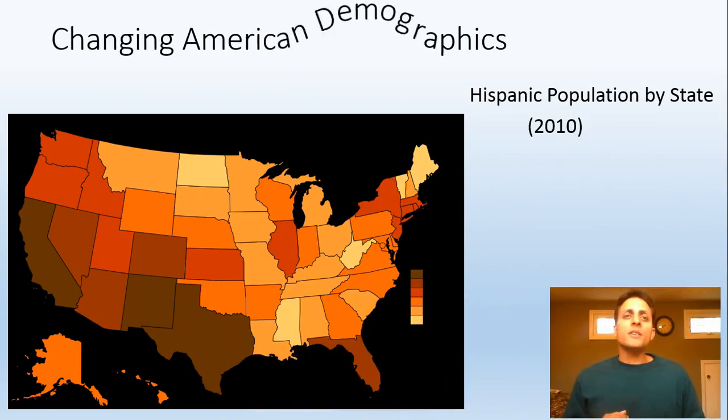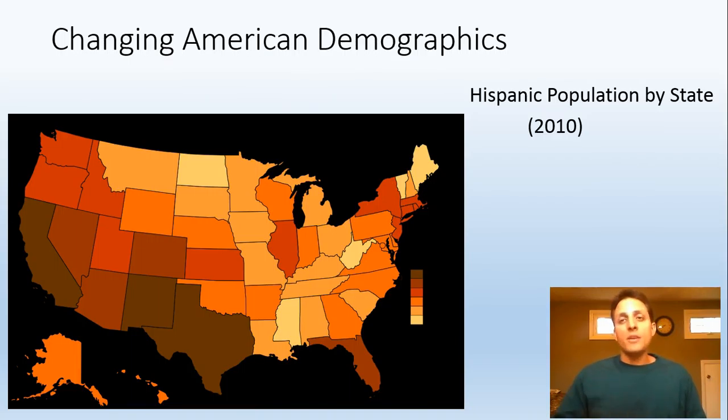What you're seeing here is a big change for America demographically. Again, you have large Catholic immigrants coming in, but you also have a new group in American society, a large Hispanic population for the first time. By 2010, Hispanics had eclipsed African Americans as the biggest minority group in the country.